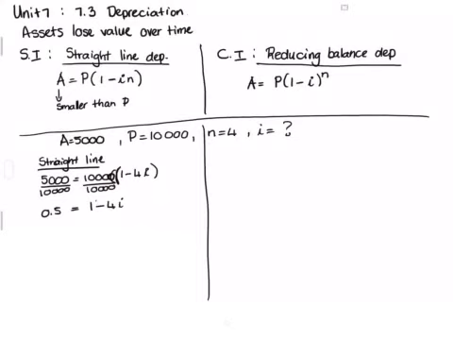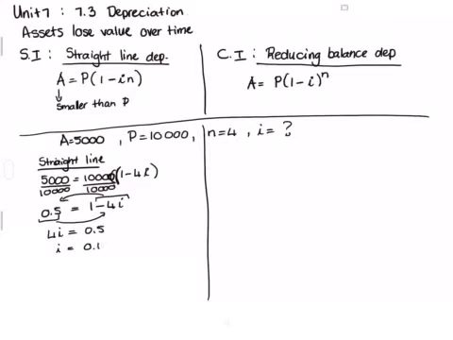Now let's take the negative 4i to this side. That'll make it positive. Take the 0.5 to that side. So we will get 4i equals 1 minus 0.5, which is 0.5.